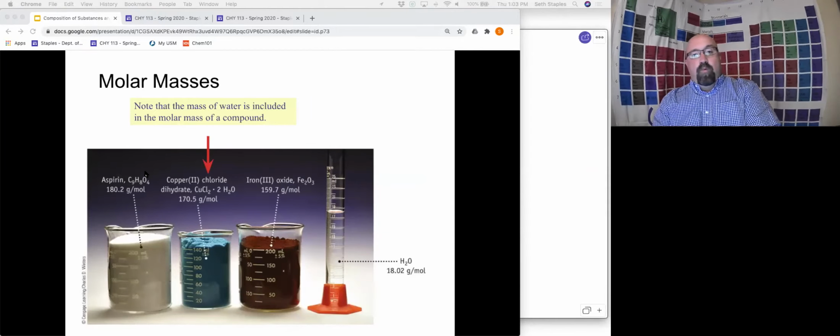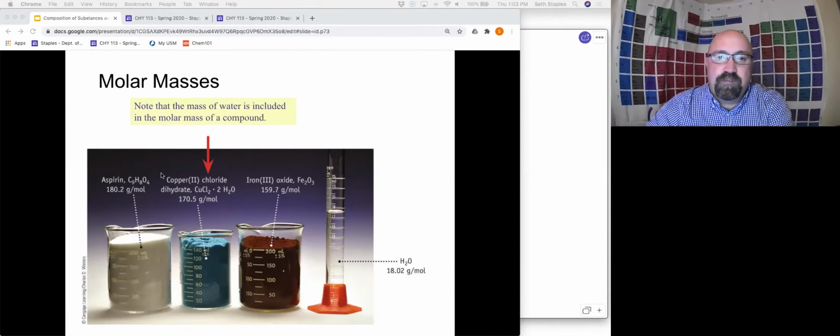And so one of the big ways that we're also going to use a mole is with this idea of molar mass. Remember when we introduced the idea of atomic weight a week or so ago, and we were using these sort of ambiguous units of AMU.